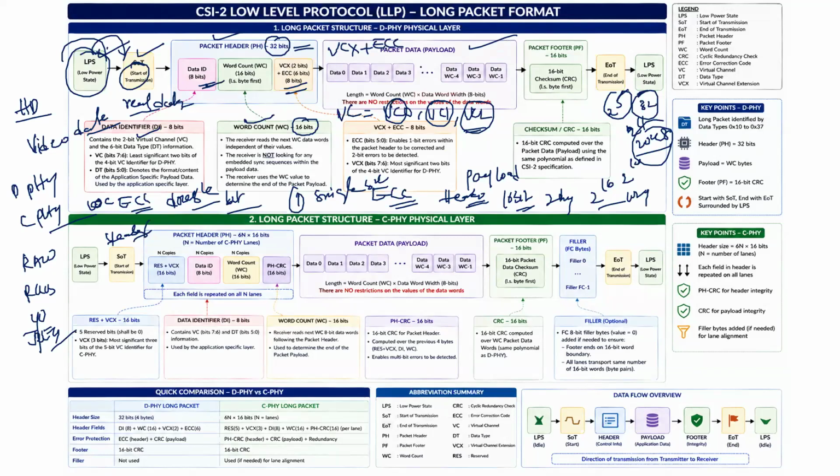In this packet data, data 0, data 1, data 2, data 3, and so on, n number of data we are transferring, depending upon the word count. There is no restriction; however many data bytes you have, that many are transferred in the packet data. That is the payload.